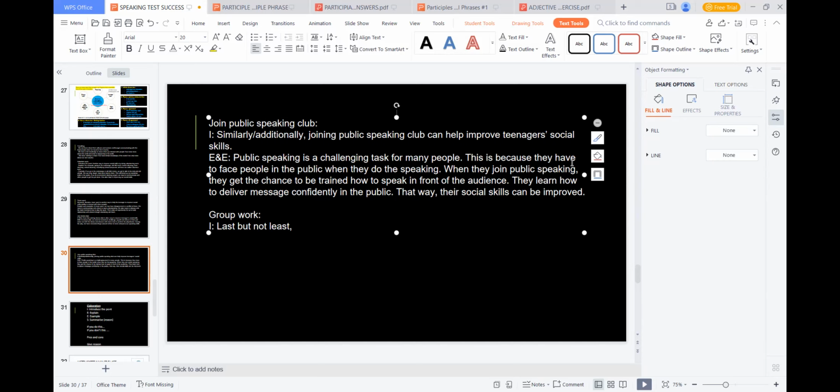You have to use the gerund. Okay. Doing group work. Doing group work. Okay. And what? Doing group work is also another good way to improve teenagers' social skills.